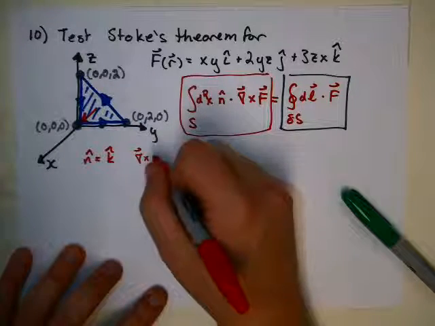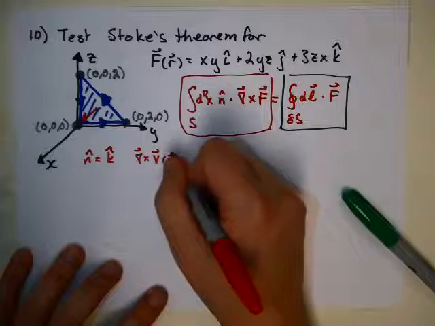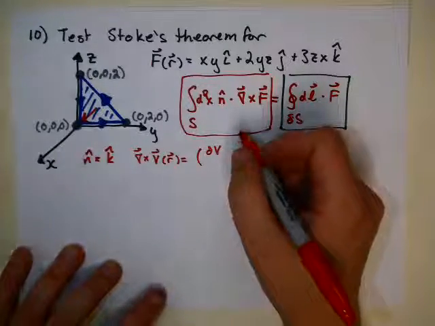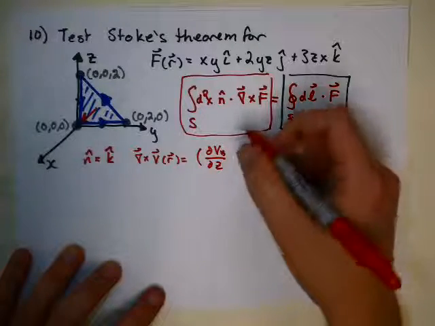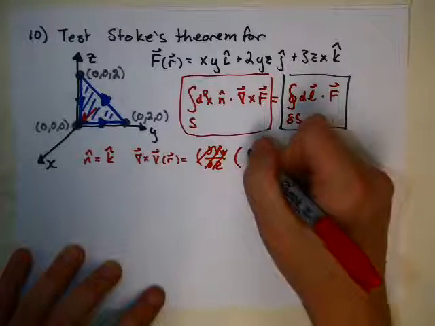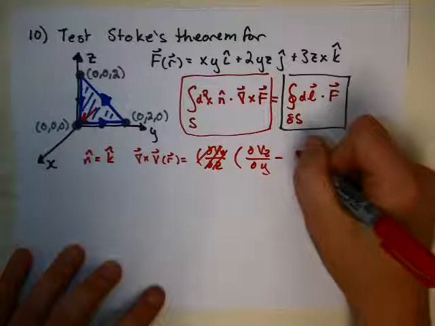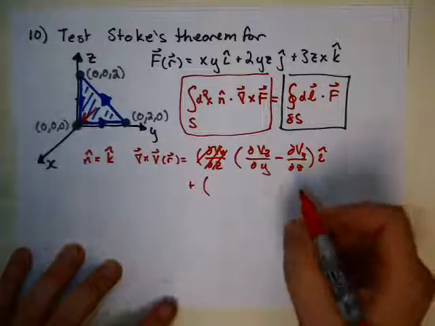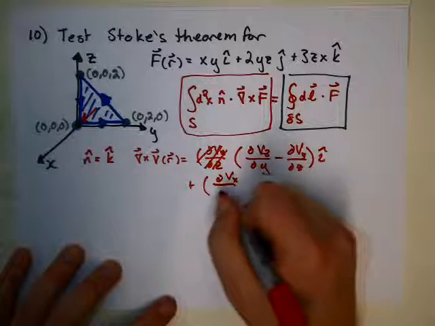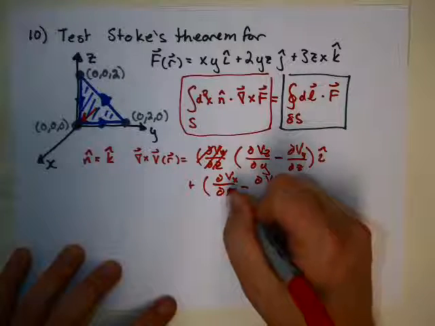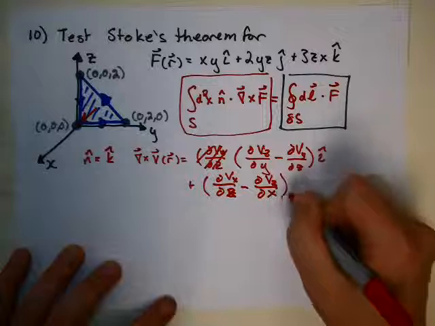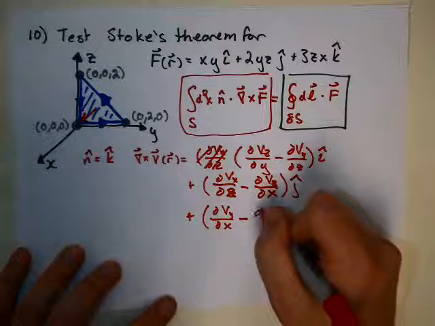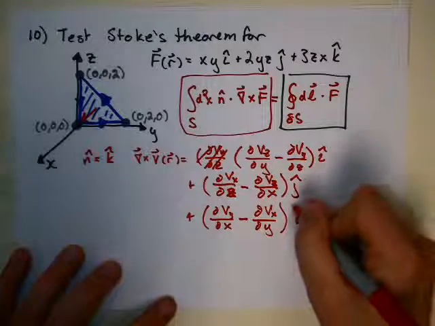By definition, the curl of a vector function v is partial vz over partial y minus partial vy over partial z, i hat, plus partial vx over partial z minus partial vz over partial x, j hat, plus partial vy over partial x minus partial vx over partial y, k hat.